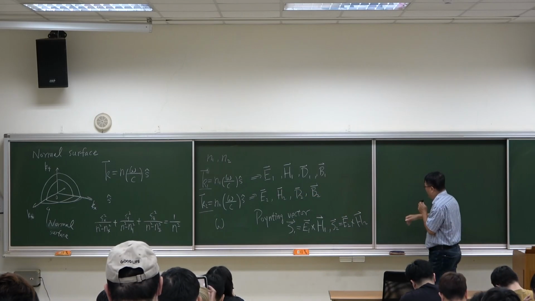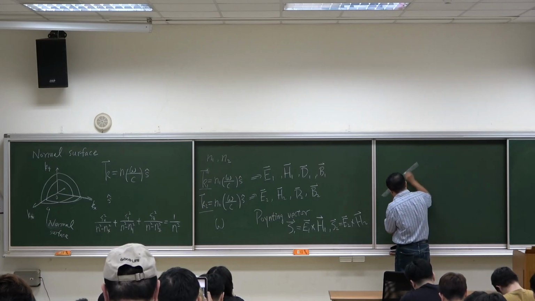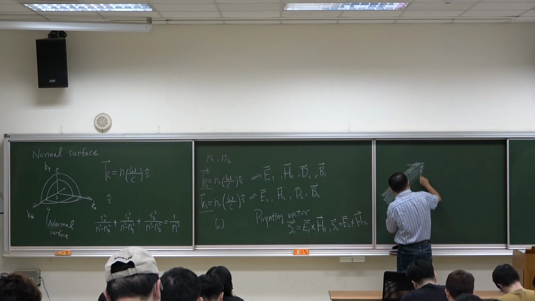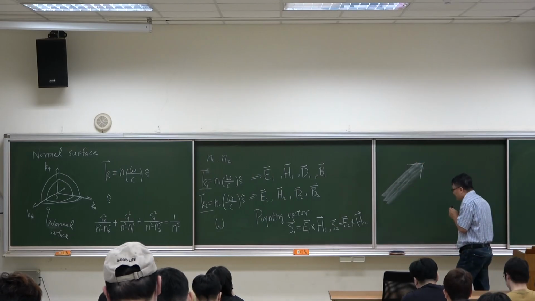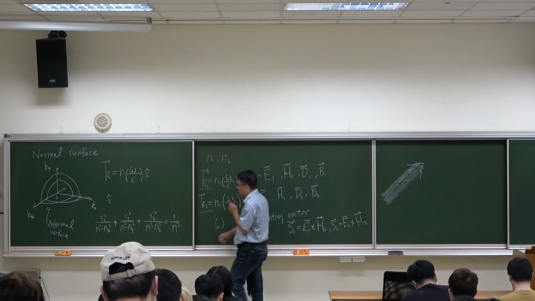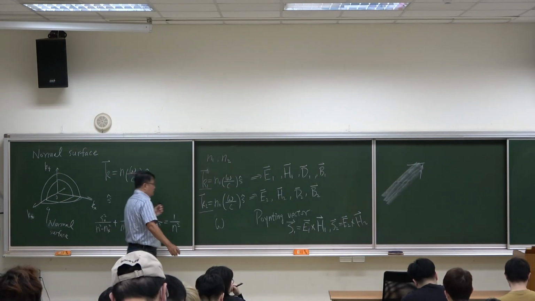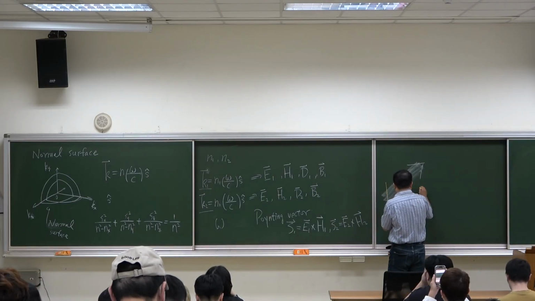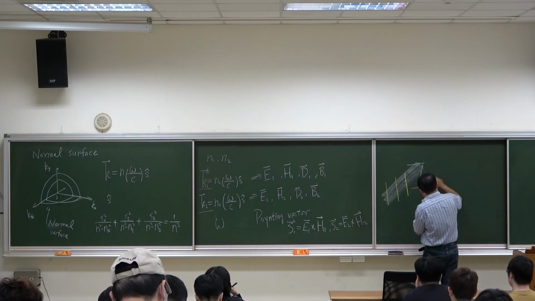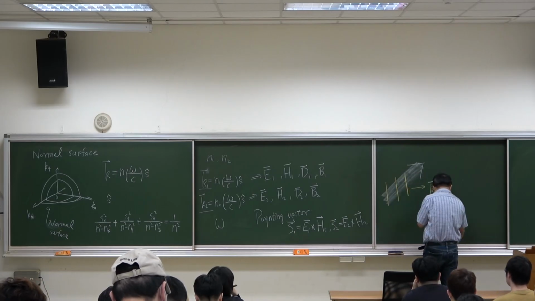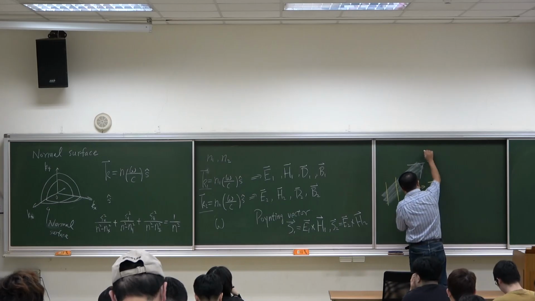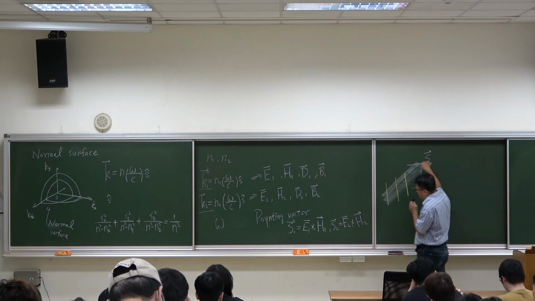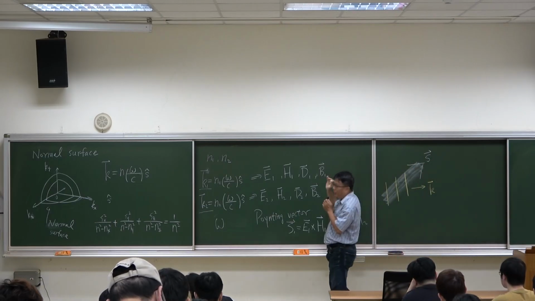Okay? So for a beam of light propagating inside an anisotropic medium, usually the phase propagates along this direction and the Poynting vector propagates along a different direction. Okay? So usually K and S are along different directions.